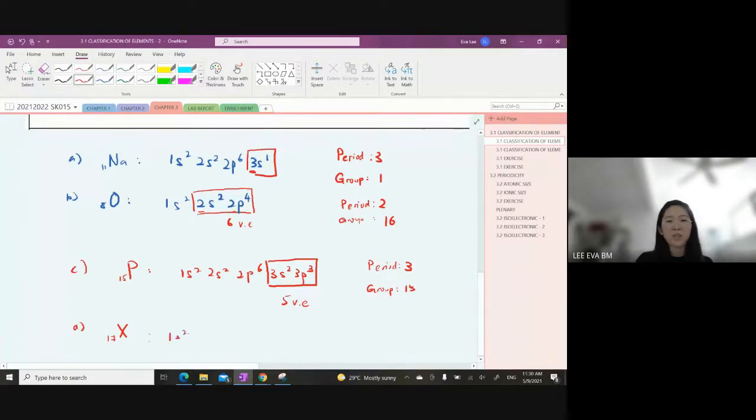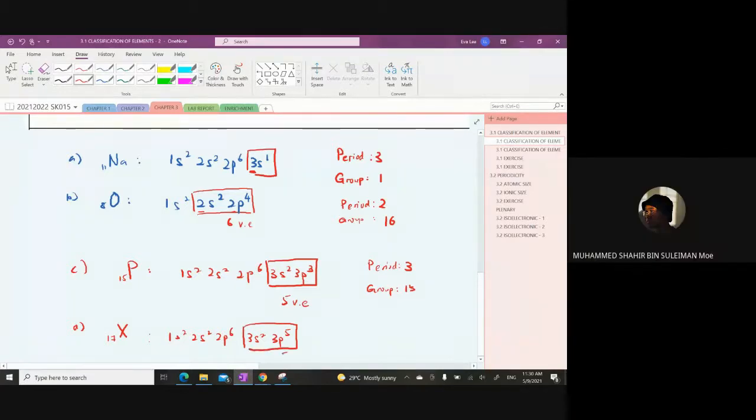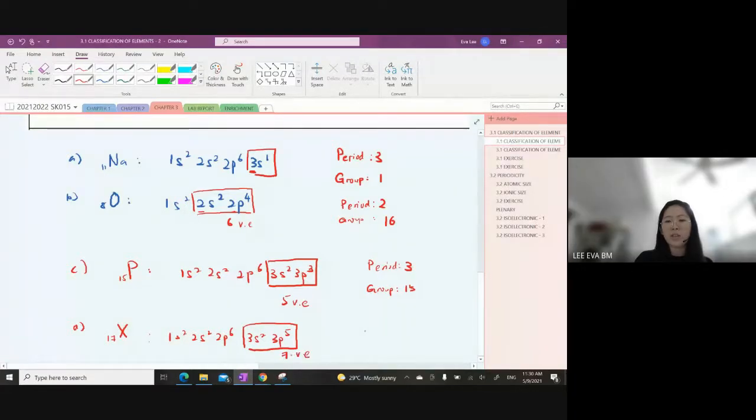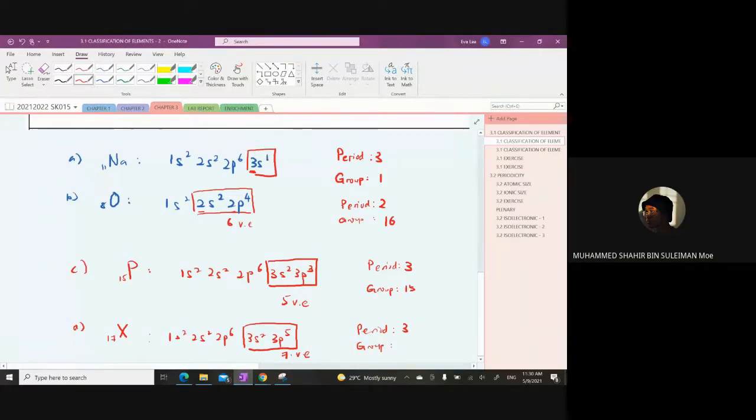So 1s2, 2s2, 2p6, 3s2, 3p5. So valence electronic configuration will be 3s2, 3p5. Total valence electron 7. Okay, so where is the period? 3. Period 3, highest value of n. And how about the group? 17. Group 17, because 7 electrons.